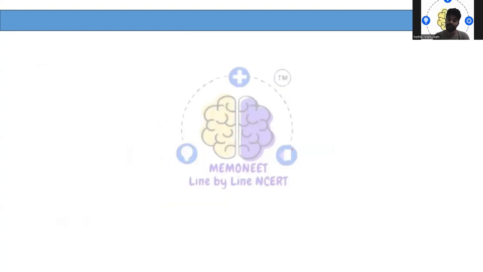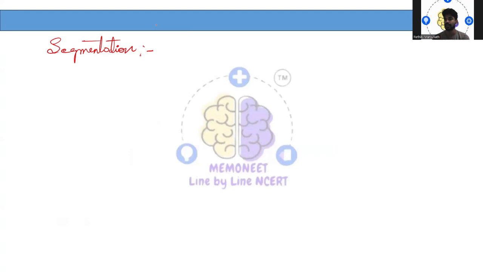The next thing is segmentation. If I'm talking about segmentation, the body is divided internally and externally into separate segments.